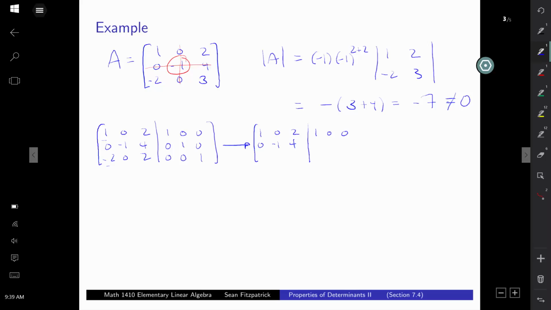And you know what, while we're at it, let's change signs in the second row. Minus 4, 0, 0, 0, and 2 plus, so I'm going to get a 6 there, is that right? Oh, sorry, this was a 3 down here. Let's fix that. Okay, that's a 3.